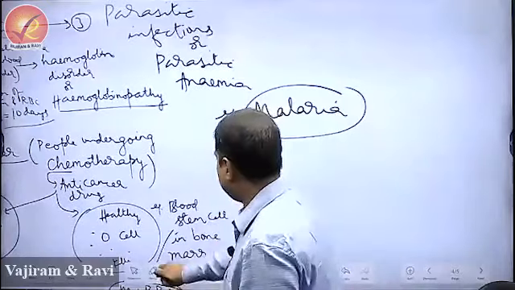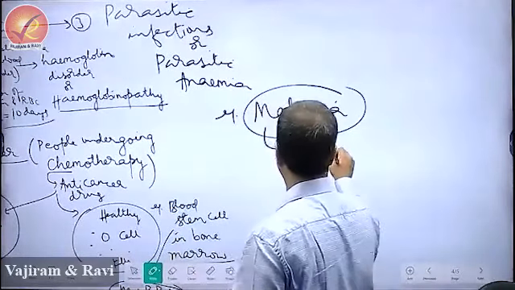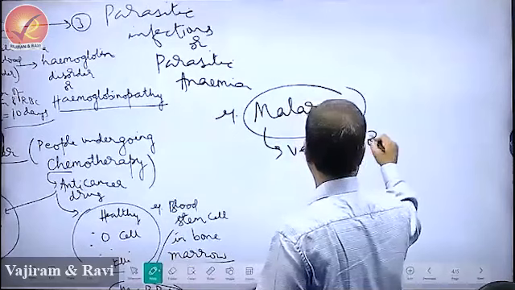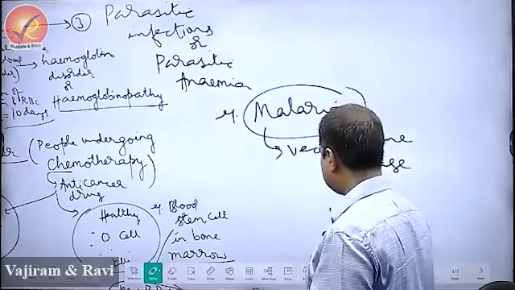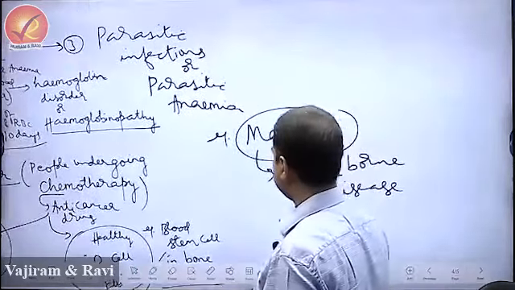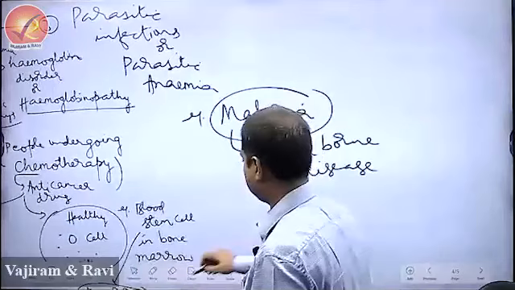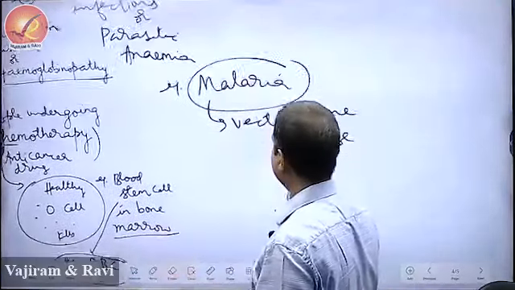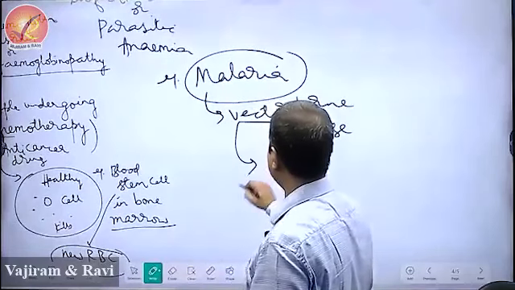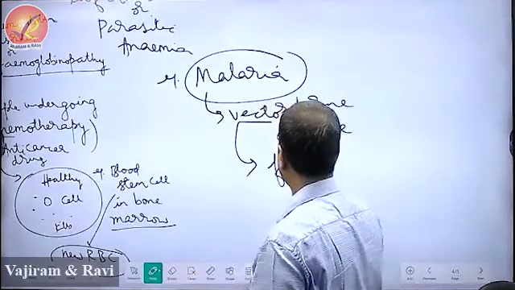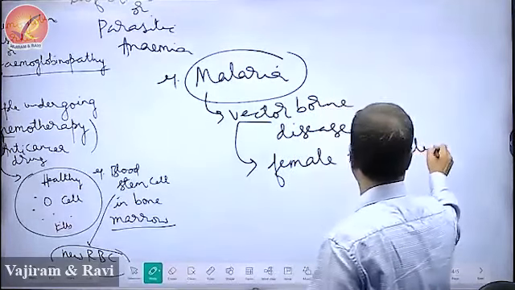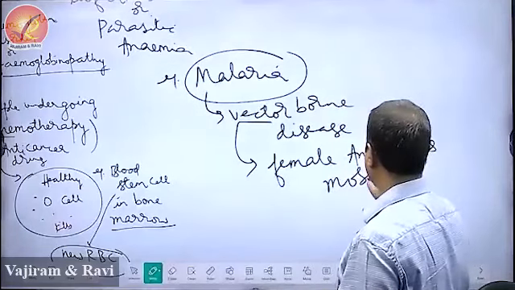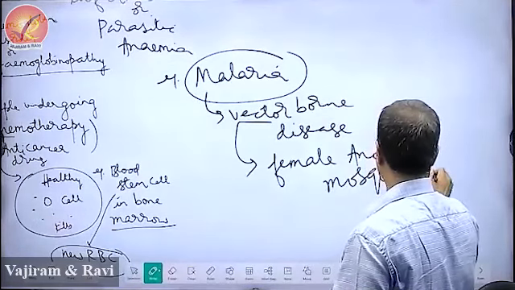So malaria is a vector-borne disease, where vectors are female Anopheles mosquitoes.